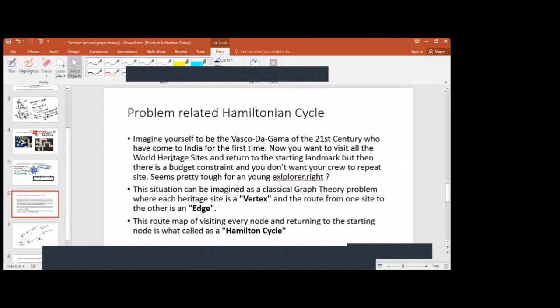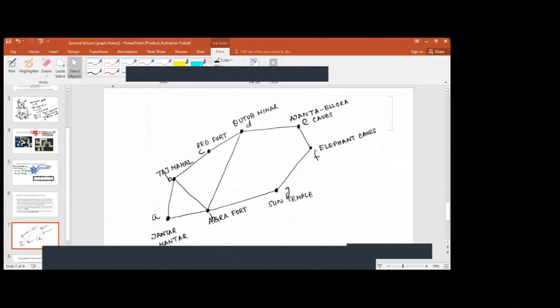I want to visit every site, but due to shortage of budget, I want to find the shortest route where every vertex will come, but every edge may or may not come. So this is the application of a Hamiltonian graph.